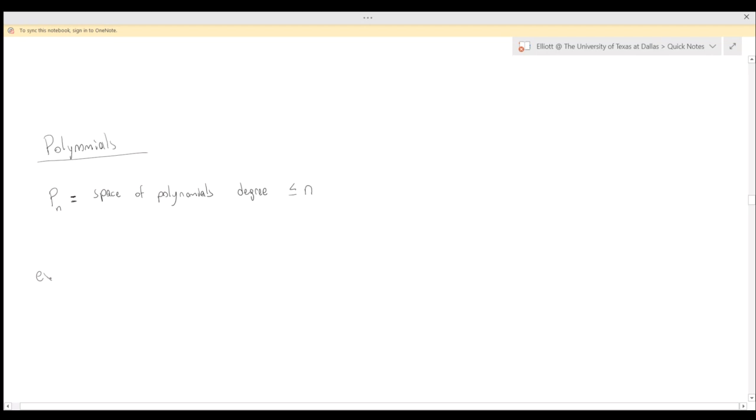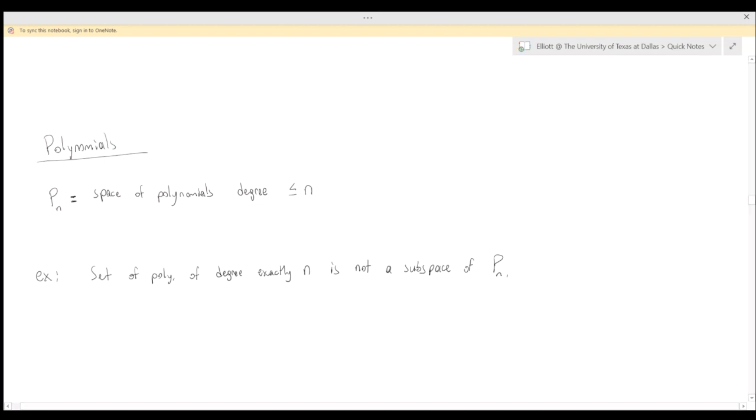First, it's worth noting that if I consider the set of polynomials of degree not less than or equal to n, but exactly equal to n, this would not be a subspace of Pn.